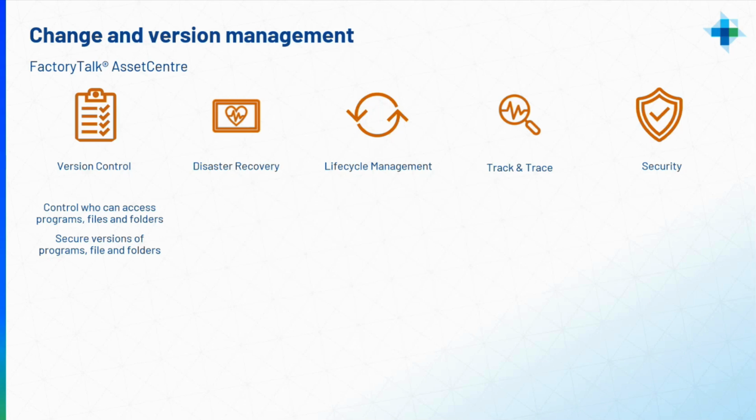So covering this first main capability in change and version management, this is AssetCentre's main way of tracking those software type files that you might find across your plant floor.